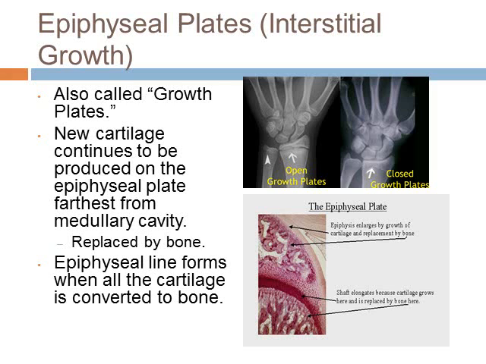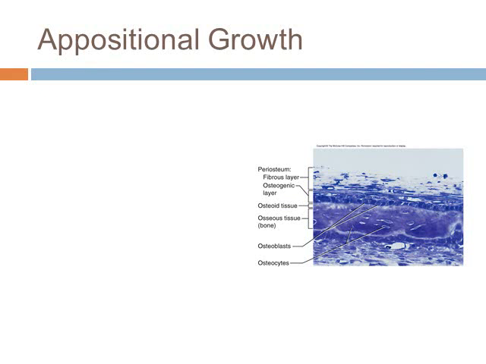Now, when the growth ends, as in this picture right here, you see a line. That is called the epiphyseal line, when all the cartilage has been converted to bone. So when you look at a skeleton, if the epiphyseal line is present, then growth has stopped. That person has reached physical maturity.